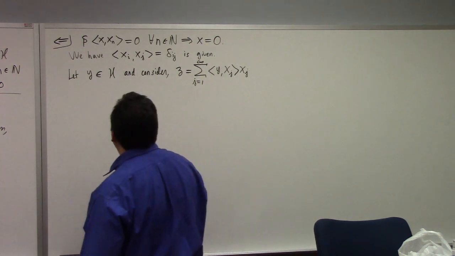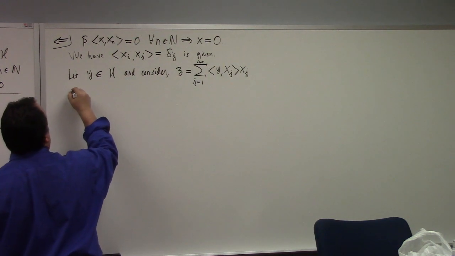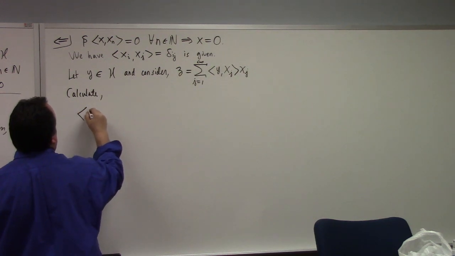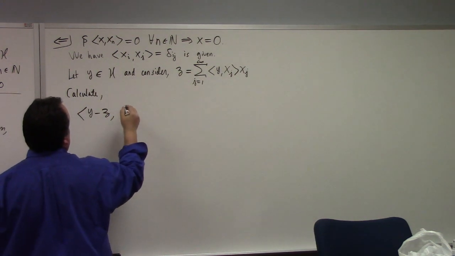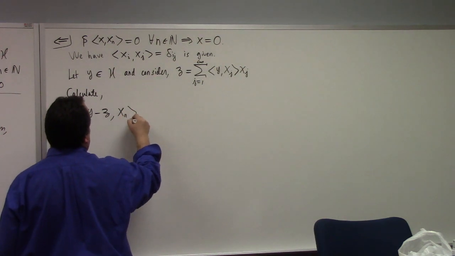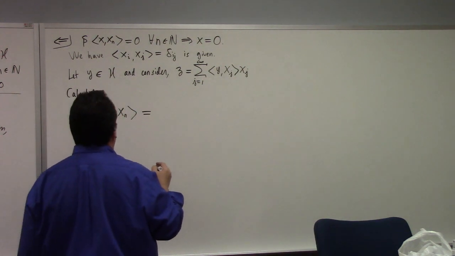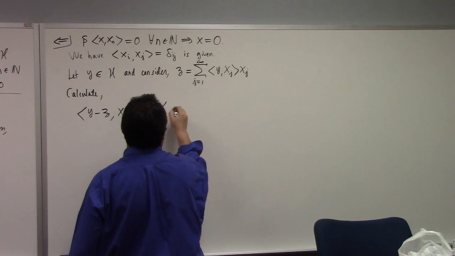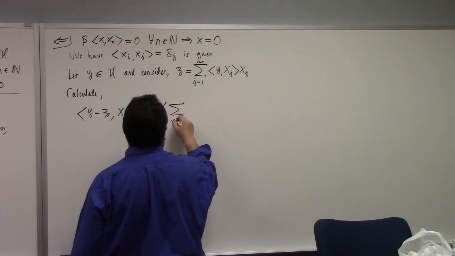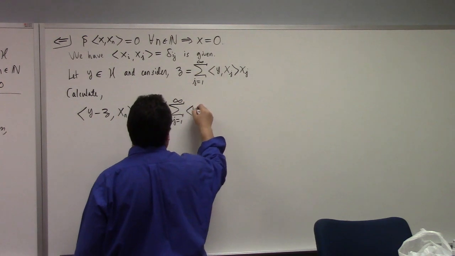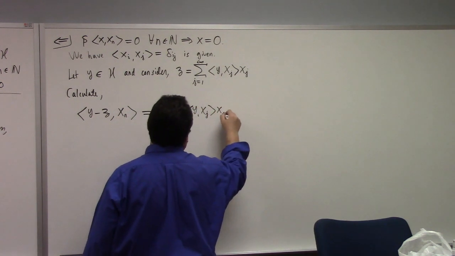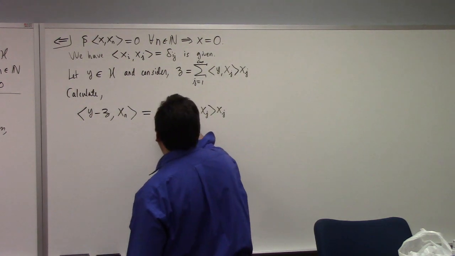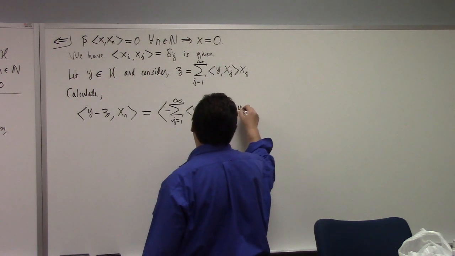All right, so let's calculate. I'm going to calculate the inner product of y minus z with xn. To do so is to calculate the inner product of y minus the sum j equals 1 to infinity of y with xj times xj, with xn. Oh my bad, that was the z. I had a minus there, plus y. Sorry about that.